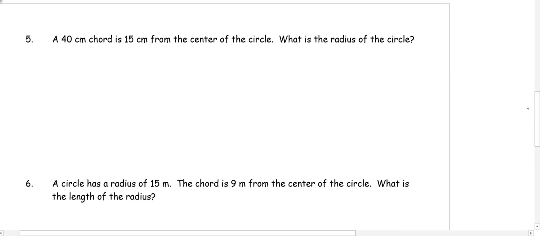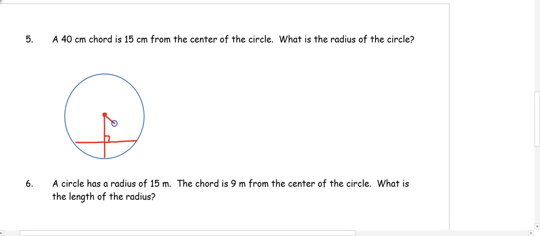Now in these other problems, we're going to have to draw a picture. So in number 5, a 40 centimeter chord is 15 centimeters from the center of the circle. What is the radius of the circle? So I'm going to draw a circle. And then inside the circle, I need to draw a radius that is going to bisect a chord.